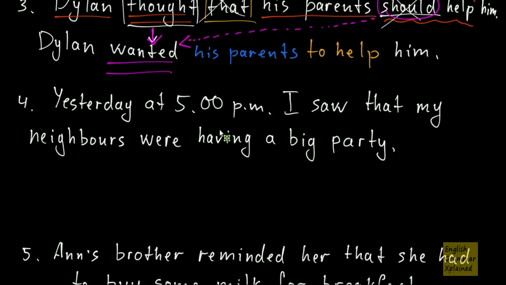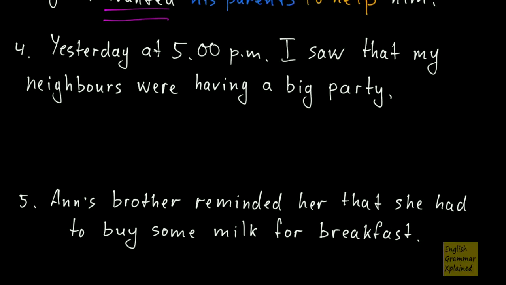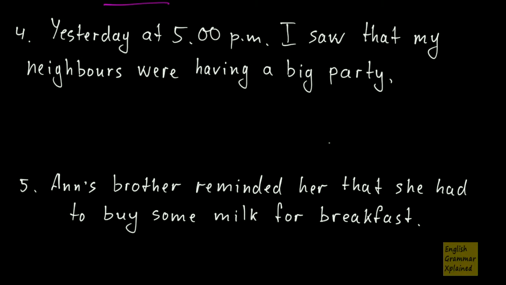Let's dig a bit deeper. Yesterday at 5 p.m. I saw that my neighbors were having a big party. What about this sentence? It's quite long. And as you see, in the first place, I cannot see any subjects. That's something unusual. My subject is here, over here. Let's make it red.